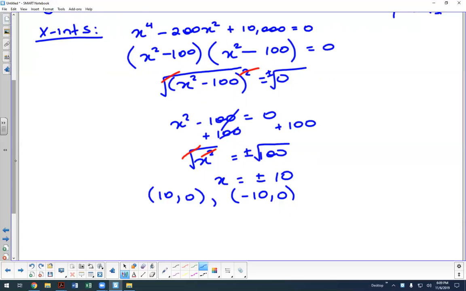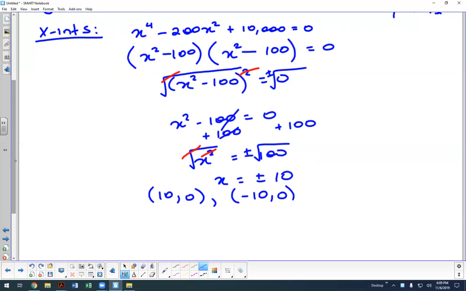Actually, it's the second power. So each of these factors are appearing twice because 10 times 10 makes 100, 10 times 10 makes 100, and together those two hundreds make a 10,000. So each positive 10 and negative 10 is going to have a multiplicity of 2.